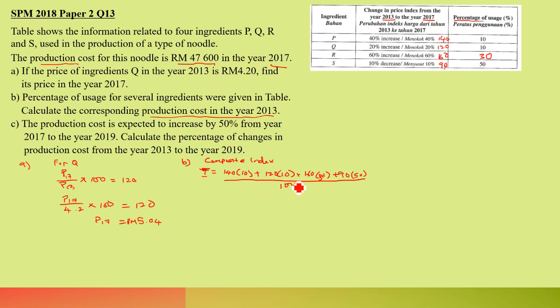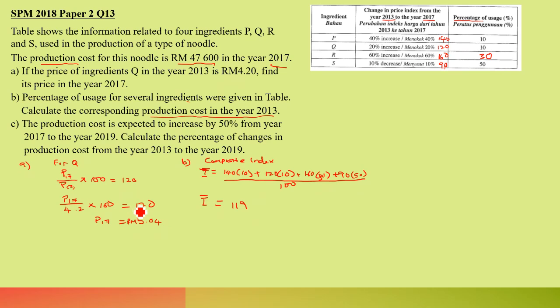Okay, so when you work it out, what you will get is 119. So this is your composite index. So with this composite index, the total production cost was 47,600 in 2017. So now you want to find for 2013.